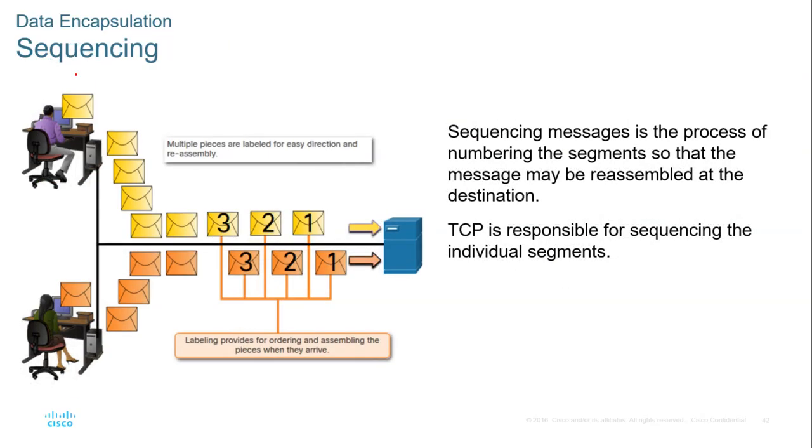So here we have our sequencing method. It will help in multiplexing, as the segments are sequenced with numbers. As you can see, these are sequence numbers, and they help segments from different sources to be interleaved on the network, so that one computer does not monopolize the media until it is done before the other computer can send.